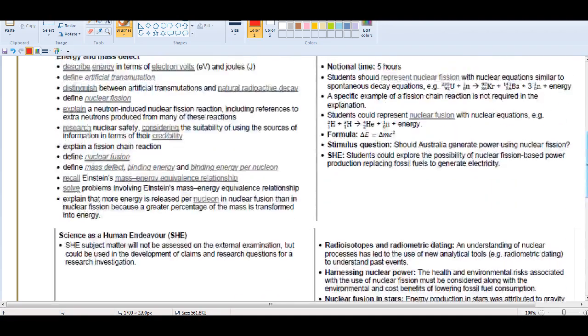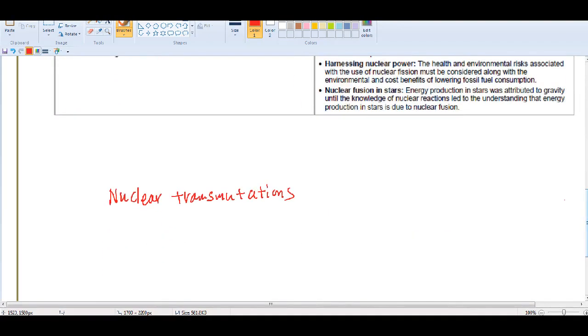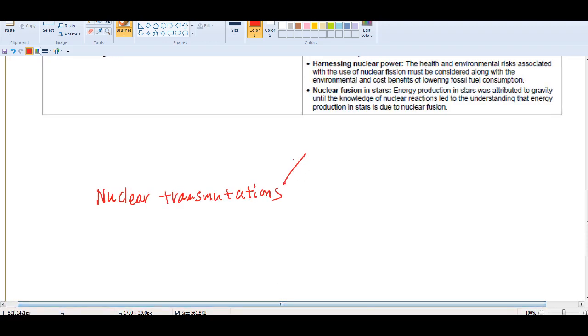Okay, so what do we mean by nuclear transmutation? If you still remember the definition, that means new elements have been formed when there are nuclear reactions. So we've learned two types. One is what we call natural transmutation.